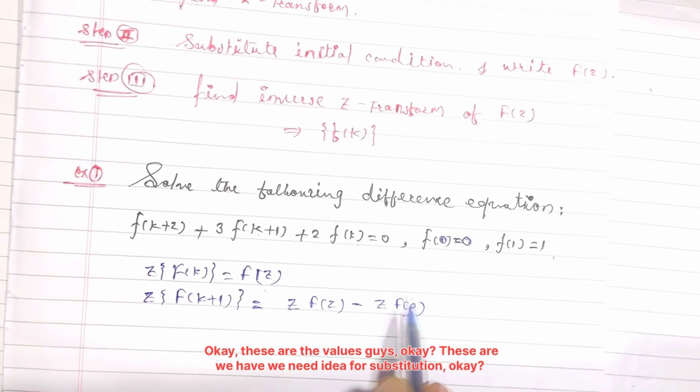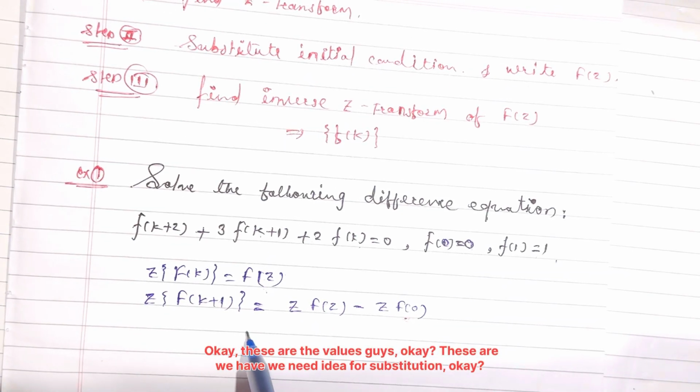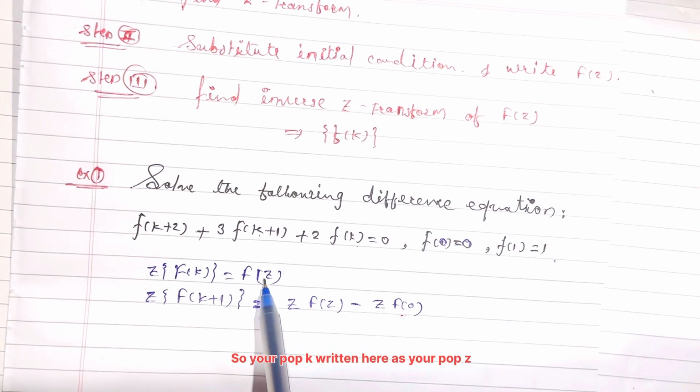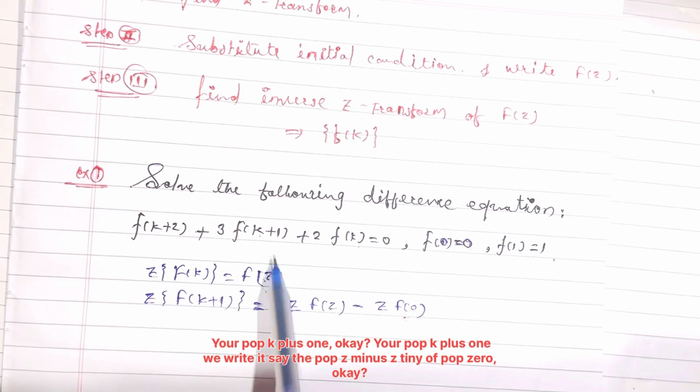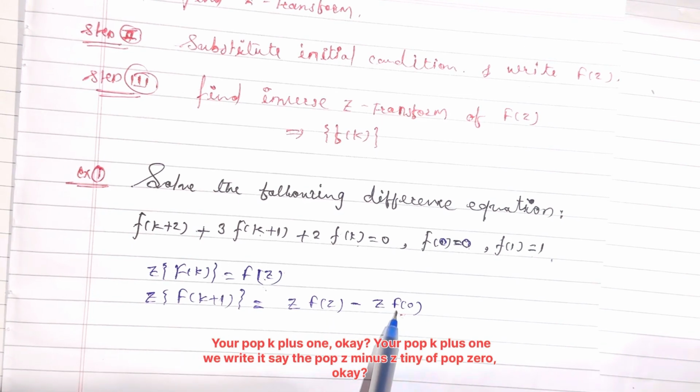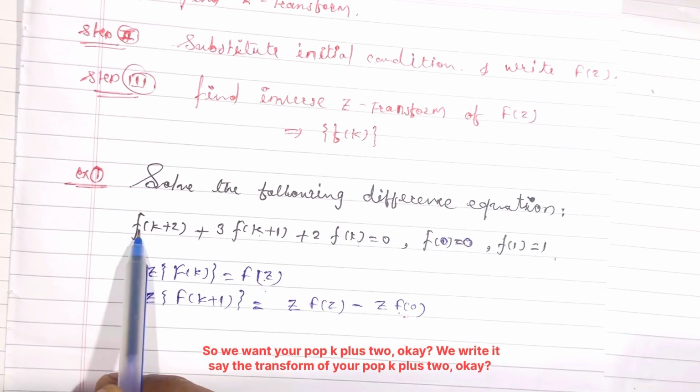These are the values we need here for substitution. So f of k is written as F of z, and f of k plus 1 we write as z F of z minus z f of 0. Now we want f of k plus 2.